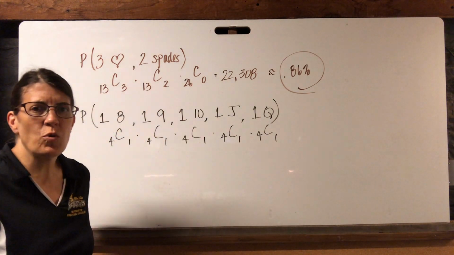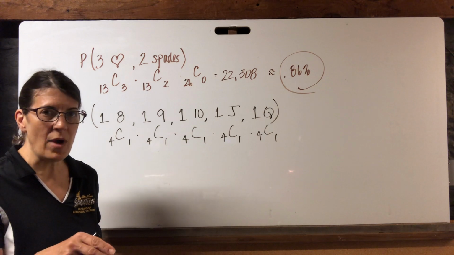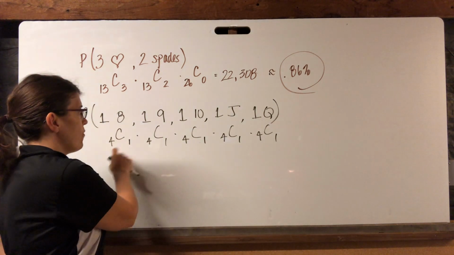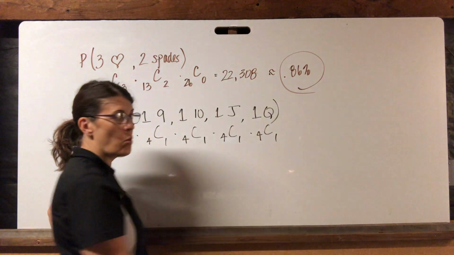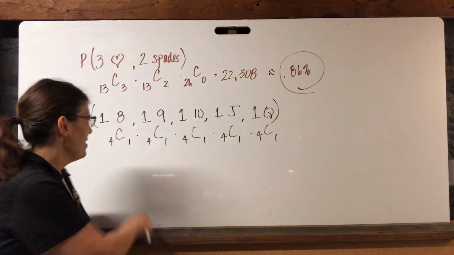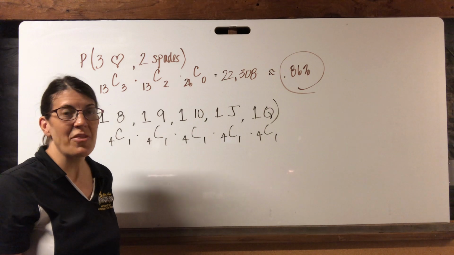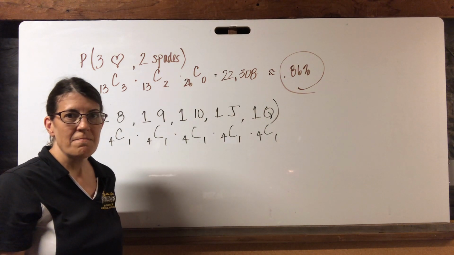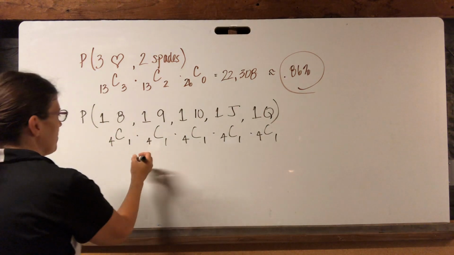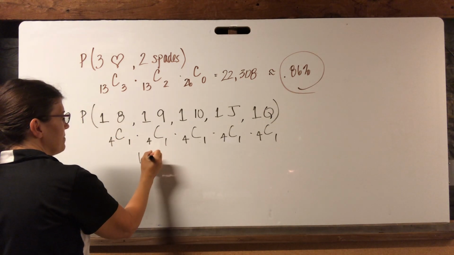There are, I think, 28 other cards left. You don't need to write it in. But if you're wondering, 4, 8, 12, 16, 20. So there are 32 cards left.